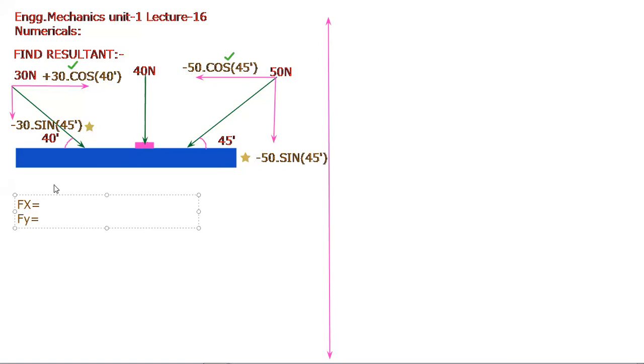Write down first along the x direction, that is plus 30 cos of 40 degree plus in bracket minus 50 cos of 45 degree.